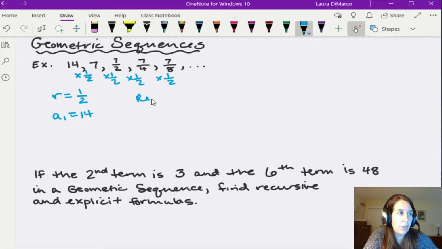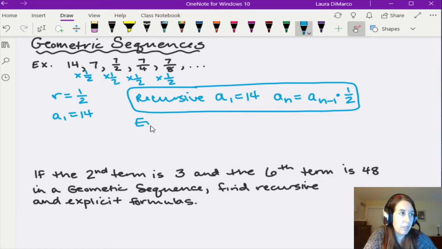So for our recursive formula, it looks like we need to state that our first term is 14, and the other terms, a sub n, are gotten by saying a sub n minus 1 and multiplying that by 1/2, the common ratio.